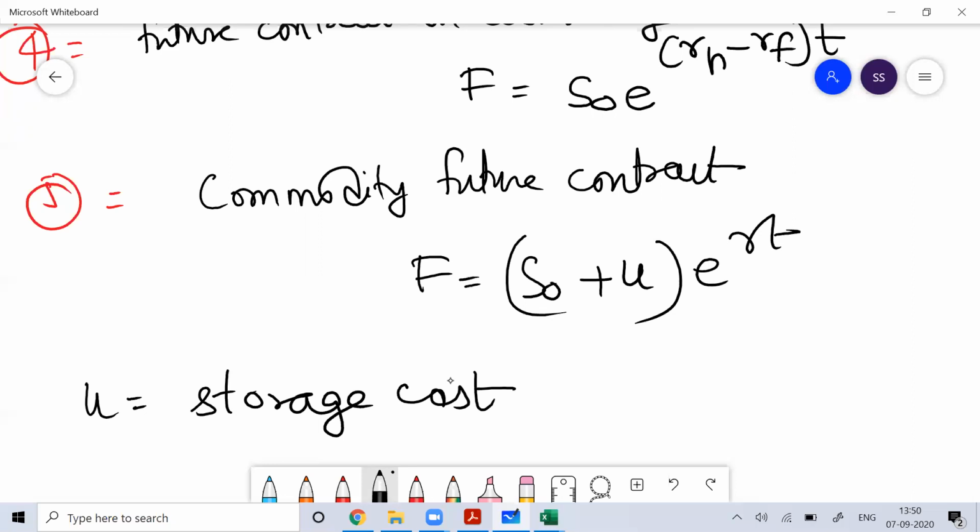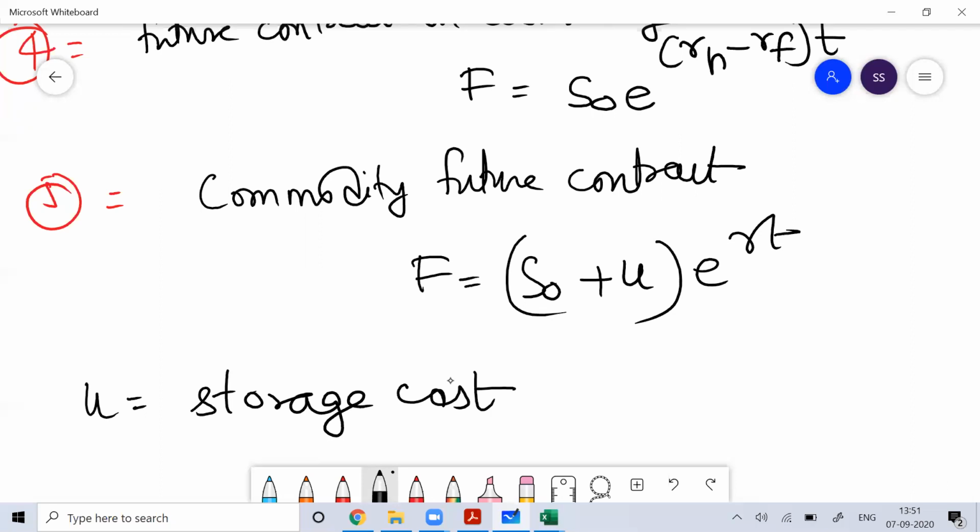Fixed cost means, suppose you want to store gold, there may be a locker for the gold. That is a fixed cost. It doesn't matter whether you store gold for 1 day or 1 month or 3 years, that fixed cost remains the same. Plus a variable cost, which depends upon the total time period for which you're storing that asset. That is the variable cost you need to pay. The sum total of that is called the storage cost.